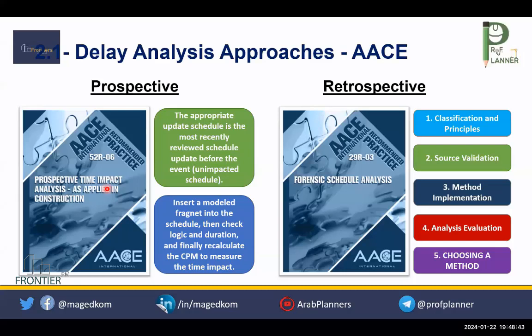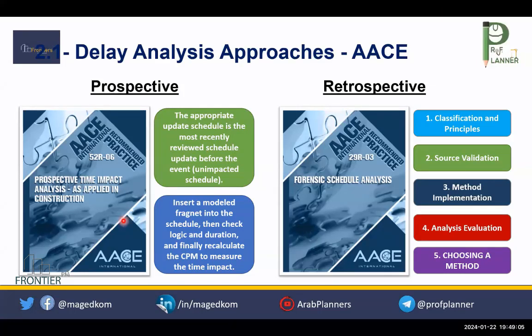Oh, so it's prospective as the project wasn't finished. Yes, you need to check the projected completion date or the entitlement, and the delay event only occurred, but the effect didn't finish yet.